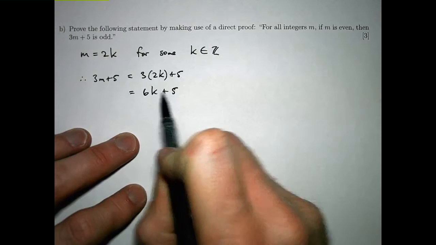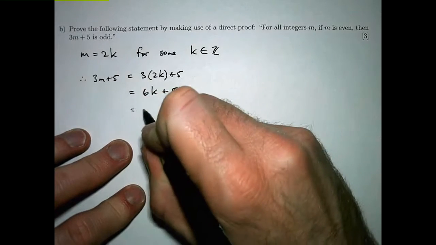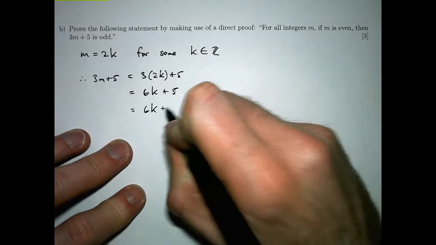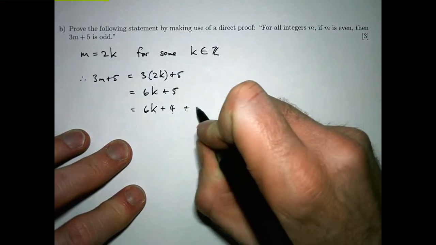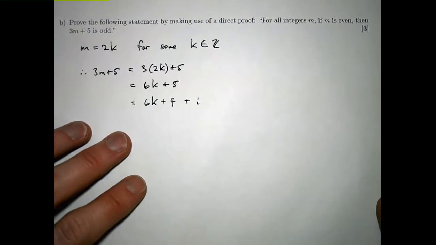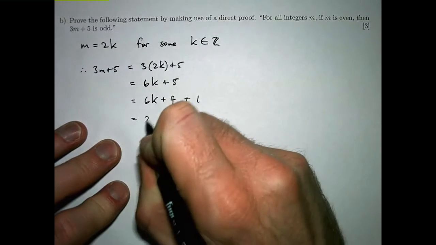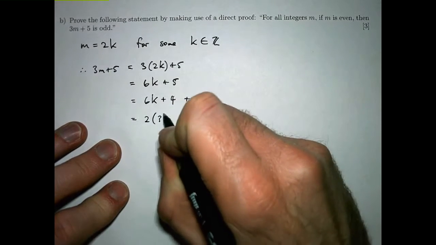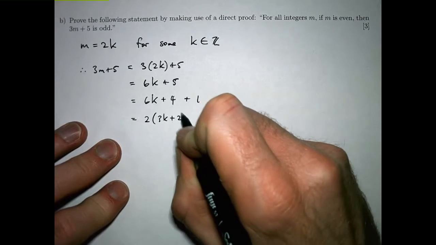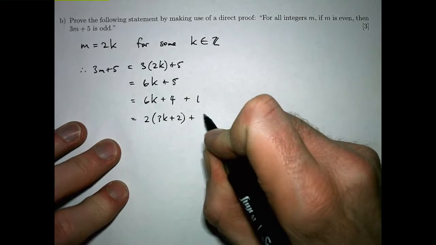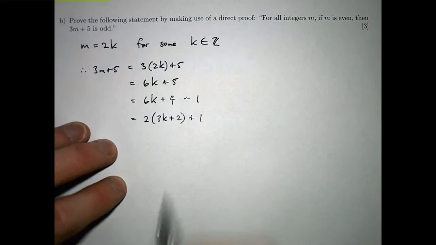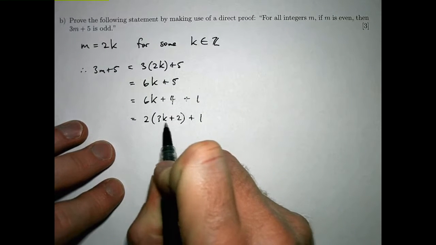Now remember, we want 2 times some integer plus 1. So if we rewrite this as 6k plus 4, you'll see where this is going in a moment, plus 1, you can now see that this part has a common factor of 2. Take out the 2, and it's 2 times (3k plus 2), all plus 1.